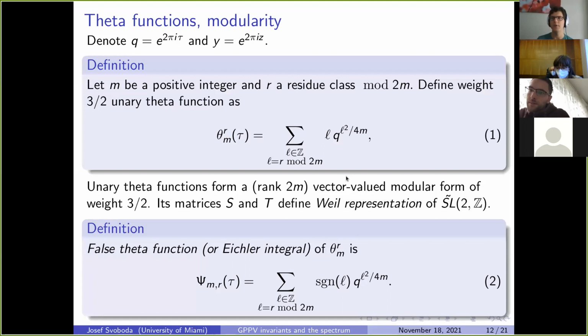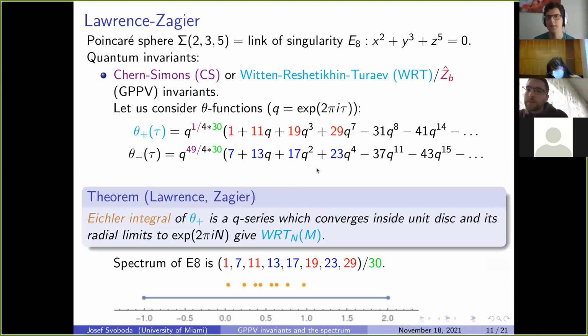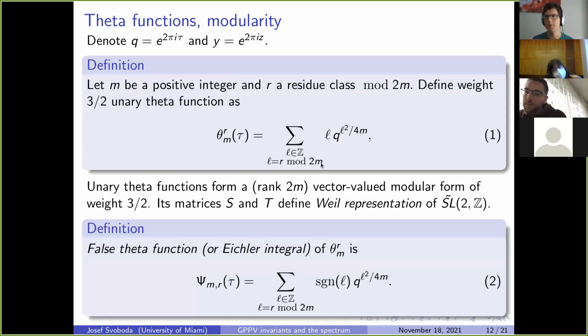So this is some theta series, and you see that it is an infinite sum over some residue classes. So what I'm only saying is that this spectrum should be related to these residue classes, or the question is which residue classes you want to take, because it's kind of clear that you want to take some theta functions to get Witten-Reshetikhin to arrive, but you don't know which residue classes.